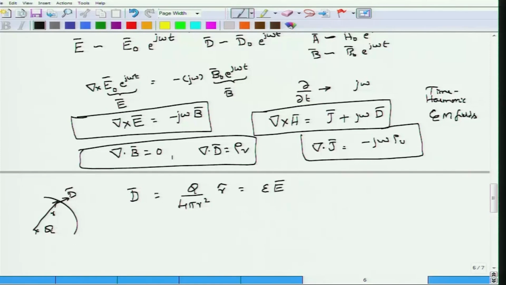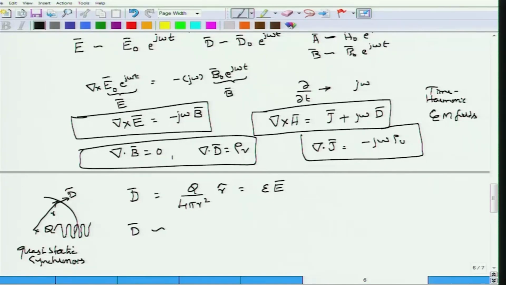What if this charge is actually varying slowly with time in the form of, say, some sin omega t? If that happens, then one might reasonably expect that D would also start varying slowly. The key word here is that it is varying very slowly. Technically, this is called quasi static, or sometimes synchronous variation.